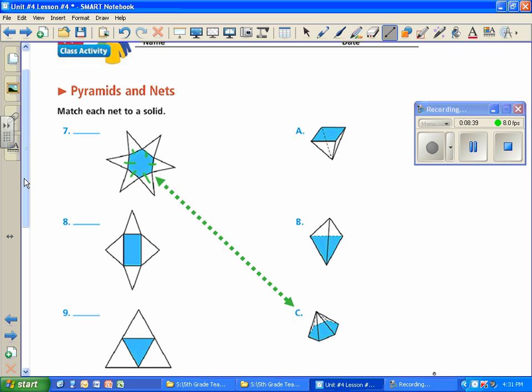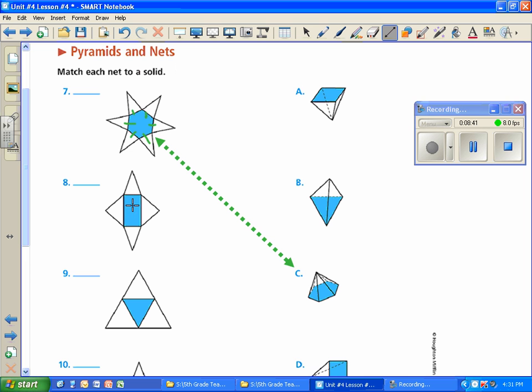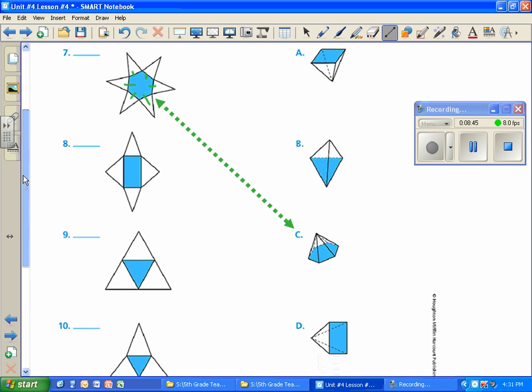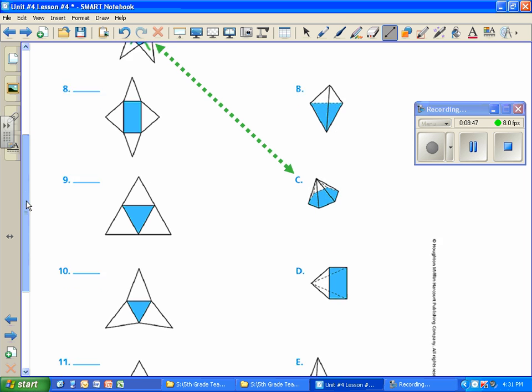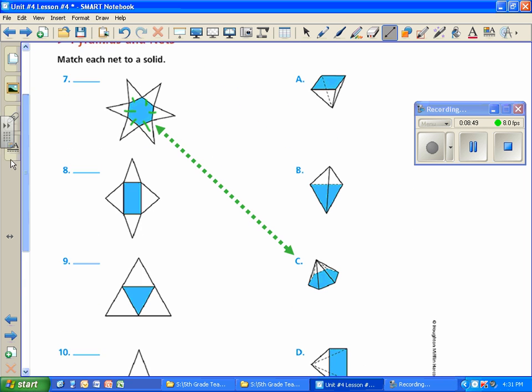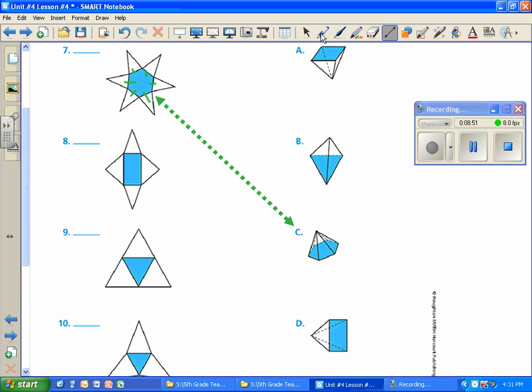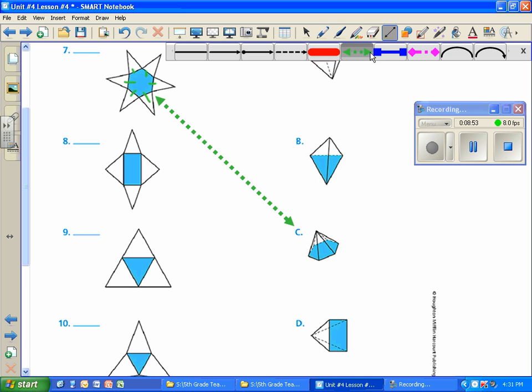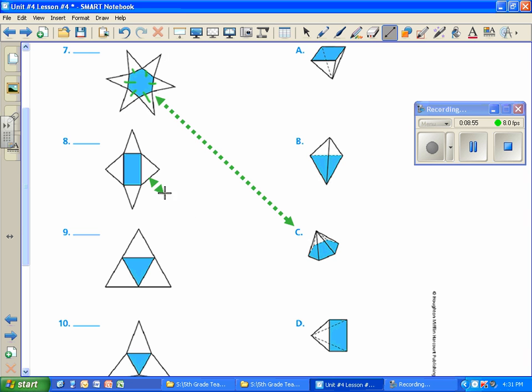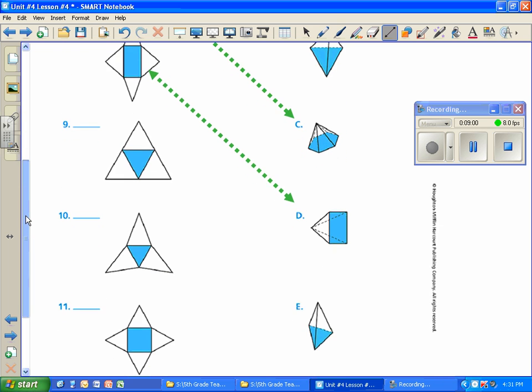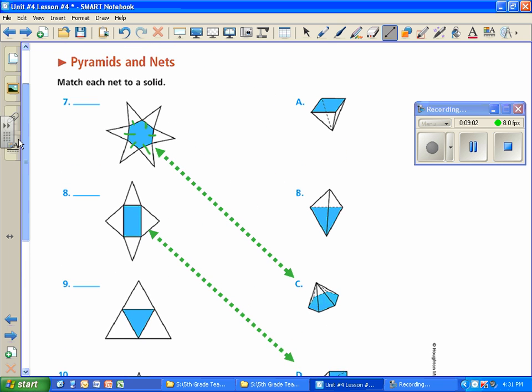Number 8, 4 sides. Look at the shape, it's a rectangle. Hopefully you recognize that it is letter D. Number 9, the base is a triangle.